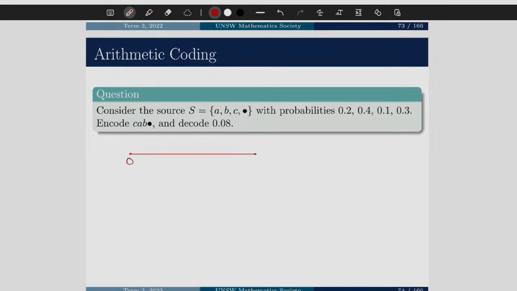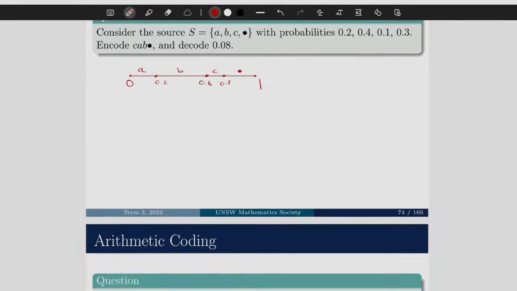The first probability, up to 0.2, is A. Then the next goes up to 0.6, which is B. Then up to 0.7 is C, and the rest is my stop, right? Something like that. And then how to encode it.